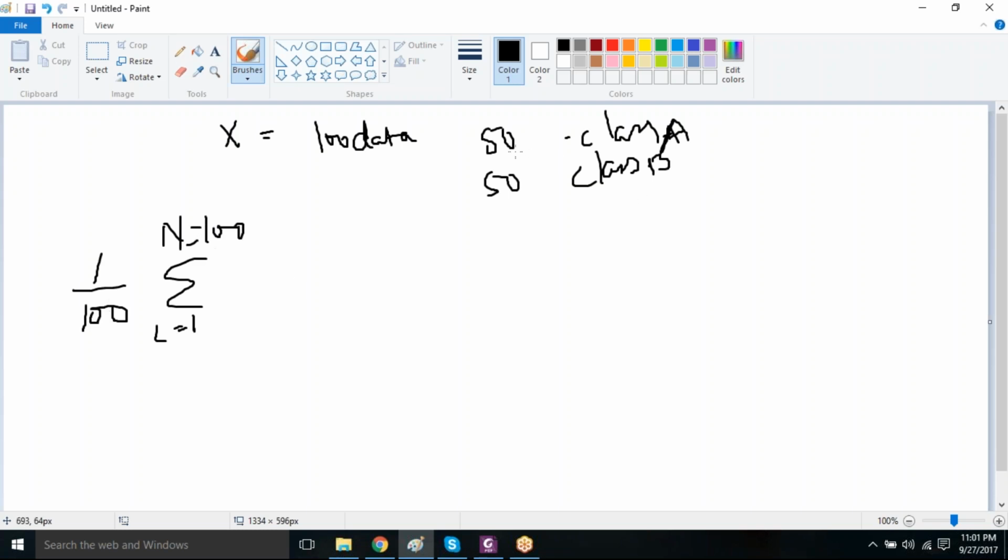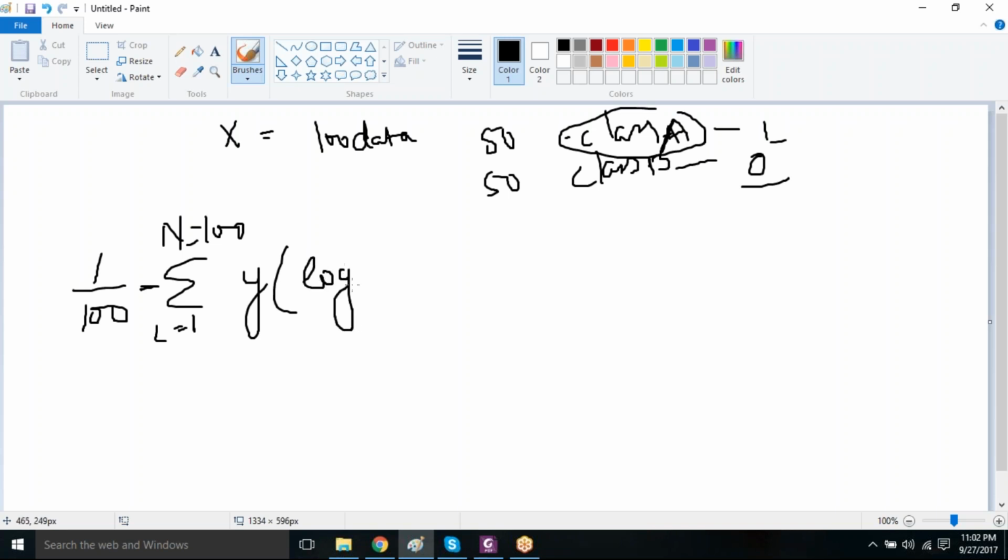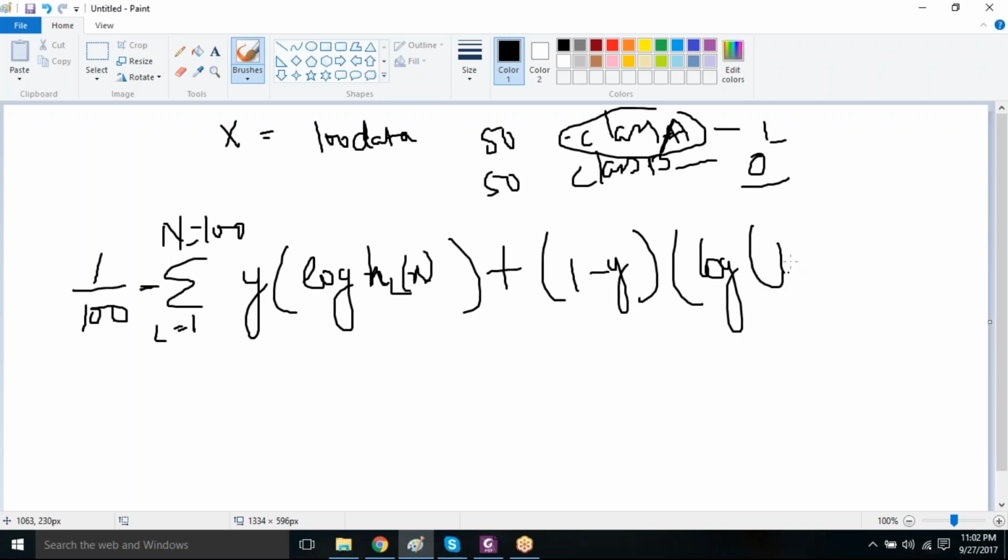For the 50 data points where class A was there, I will say class A is 1 and class B is 0. So I will do y into log of h(x), with a negative outside, plus 1 minus y into log of 1 minus h(x), right?